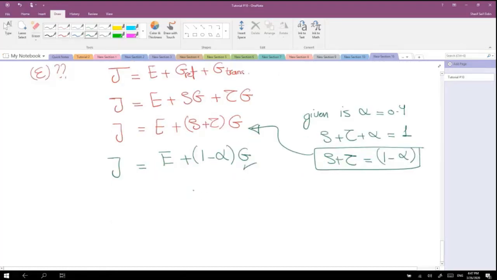So we have G, we have alpha, we have G. We are just left with E, which has the emissivity.